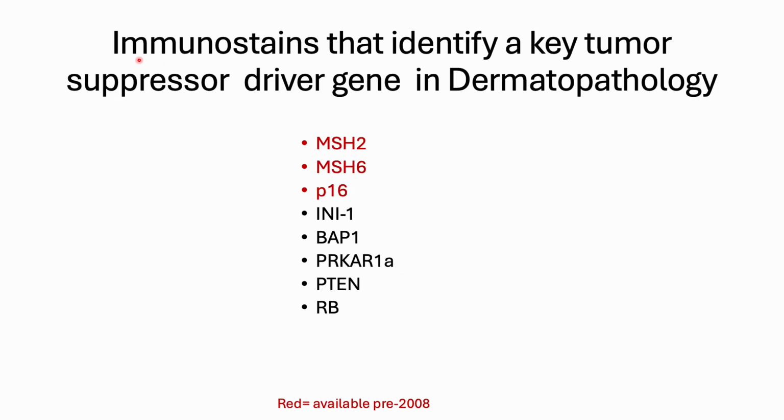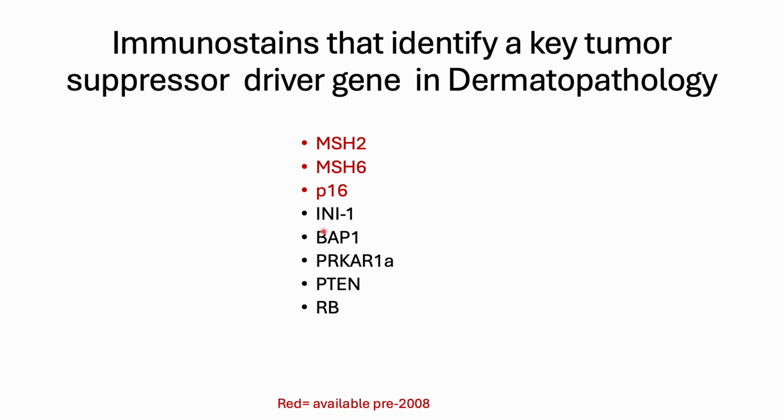So this figure shows immunostains that identify a key tumour suppressor gene in dermatopathology. These were available pre-2008: MSH2 and MSH6 for Muir-Torre, P16 for melanoma. But now INI1, and we can use that for epithelioid sarcoma, epithelioid malignant peripheral nerve sheath tumour, epithelioid schwannoma.